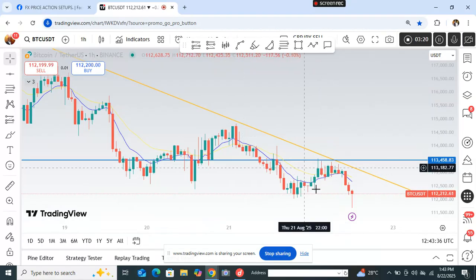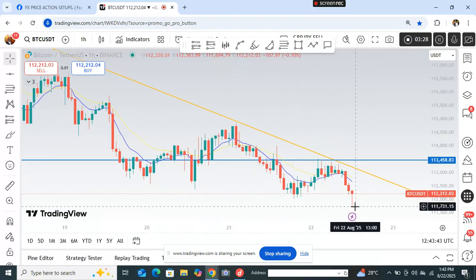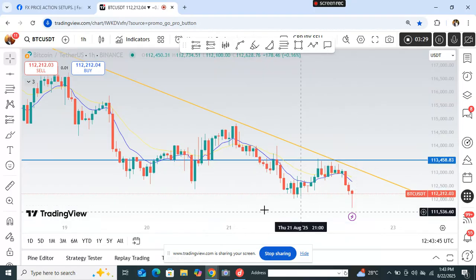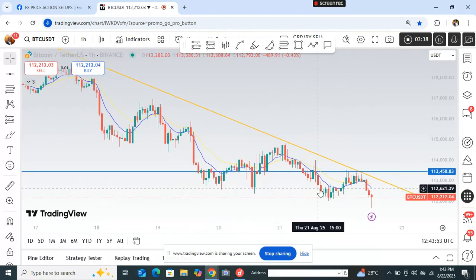So we can see the price coming into the moving averages and respecting the moving averages and coming down below it. Okay, so a pullback into this moving average and pulling out of it shows that we still have a bearish impulse of the market going on.